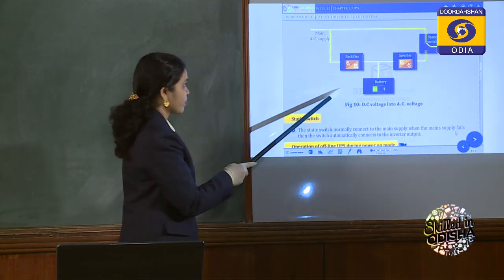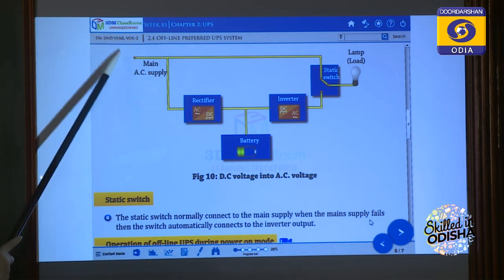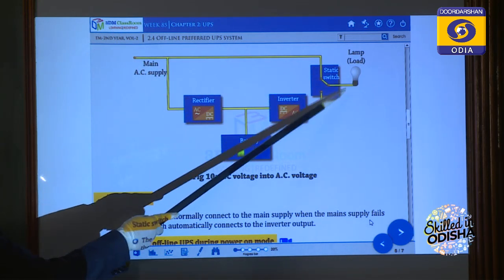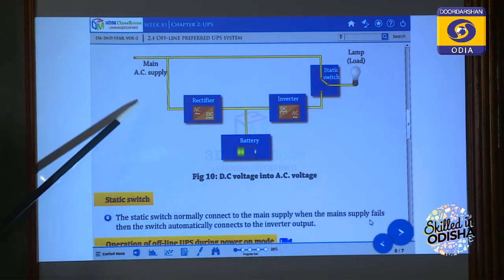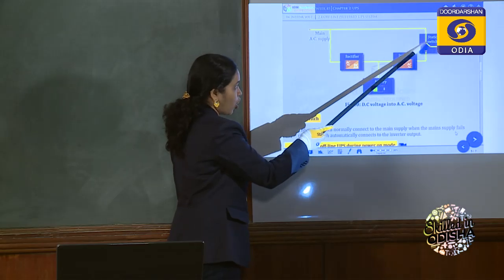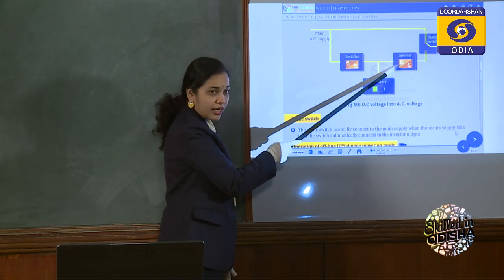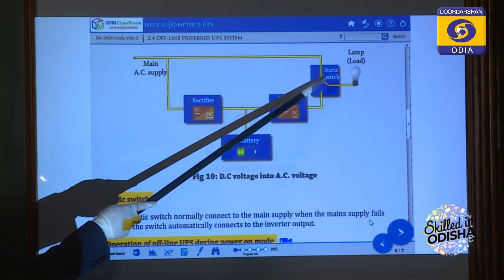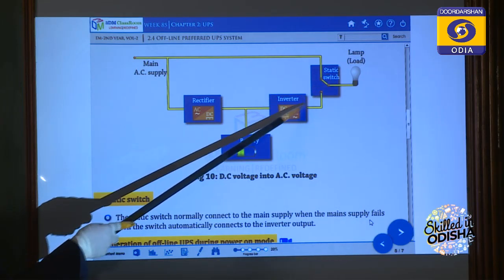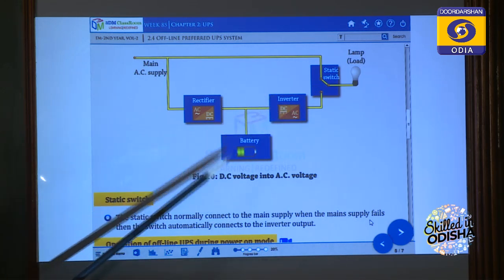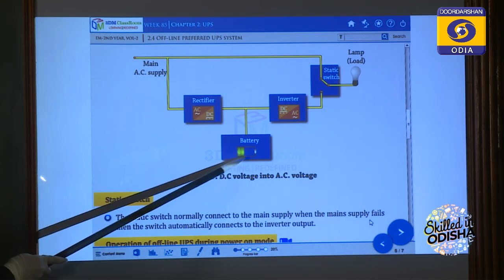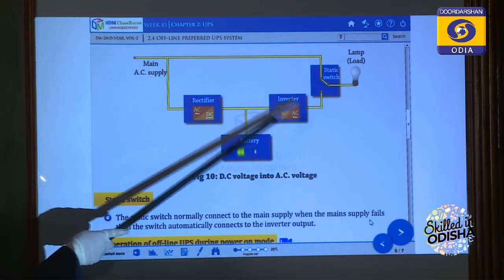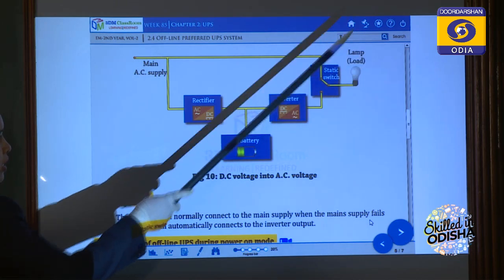When the AC mains is off and our load cannot draw power from it, the static switch automatically connects to the inverter line, and the inverter draws voltage from the battery, converts DC to AC and supplies AC to our load.